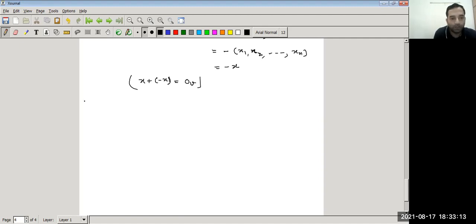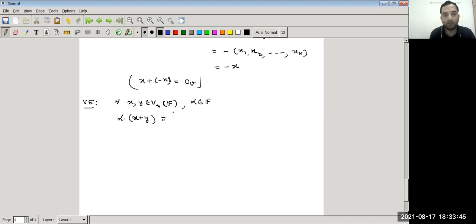Now, the fifth property is, for any x, y in the vector space and alpha in the field, we have to check alpha into (x plus y) is equal to alpha into x plus alpha into y.